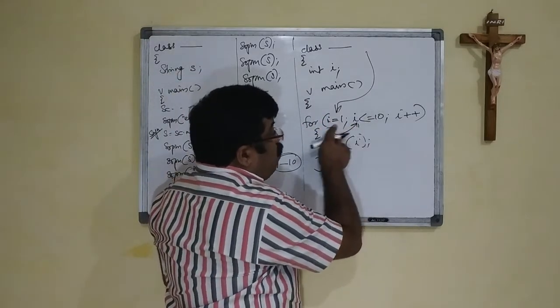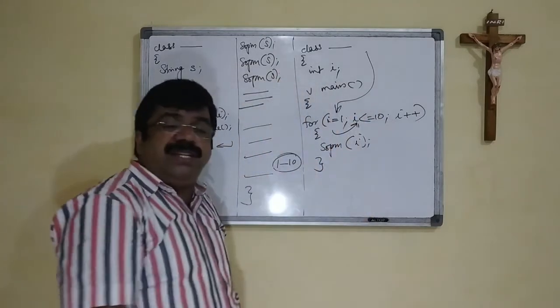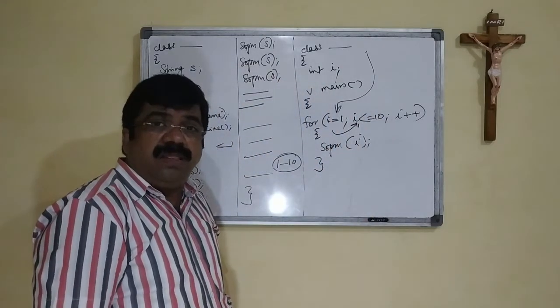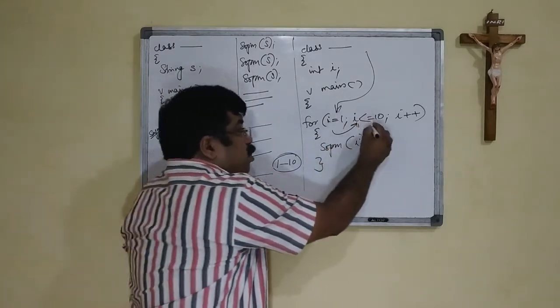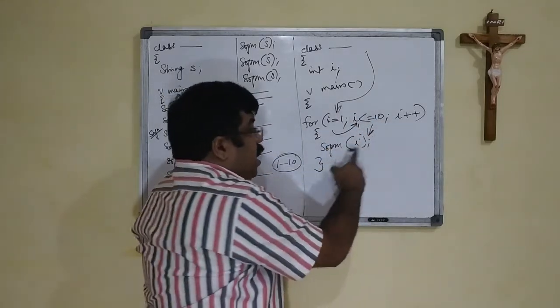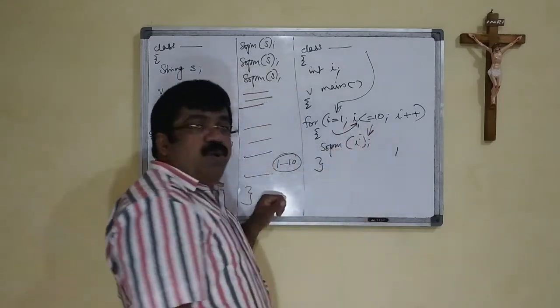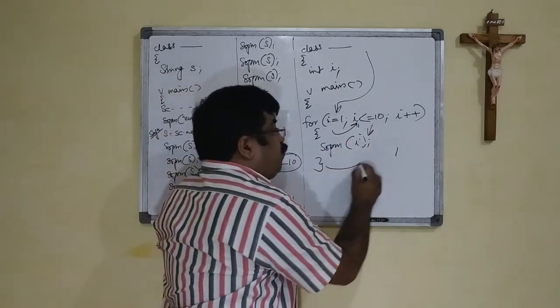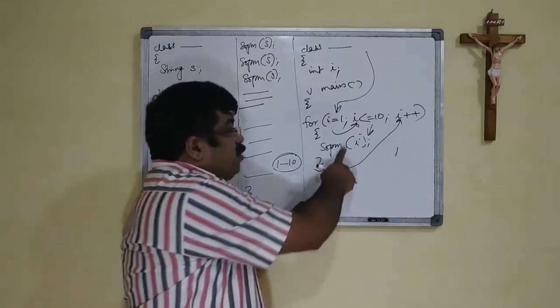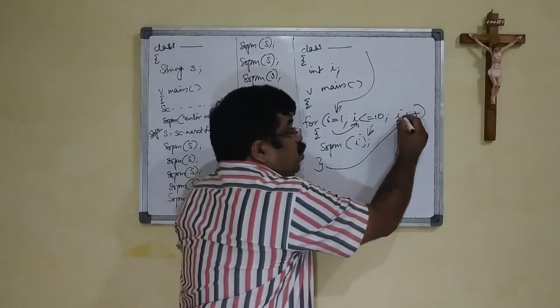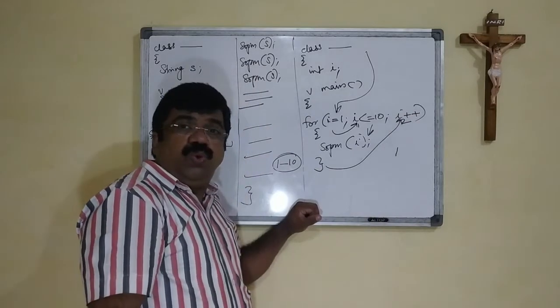Checking whether 1 is less than or equal to 10. The condition is true. Coming to the body, I is printed, which is 1. It goes for the updation. I is incremented. What was the value of I? 1. 1 is incremented to 2.